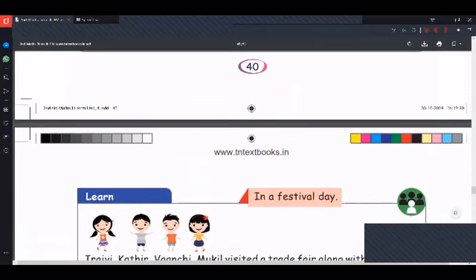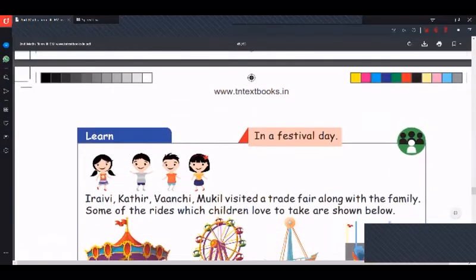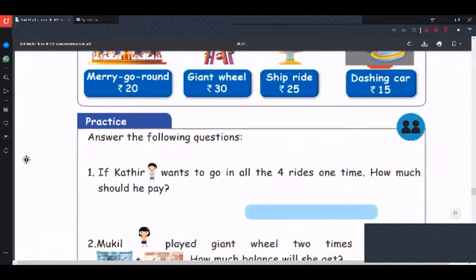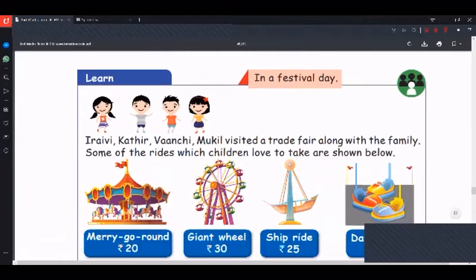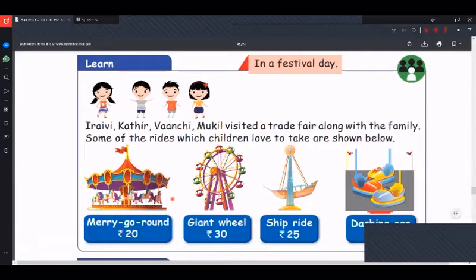The next exercise. On a festival day, இறைவி, கதிர், வாஞ்சி, முகில் visited a trade fair along with the family.